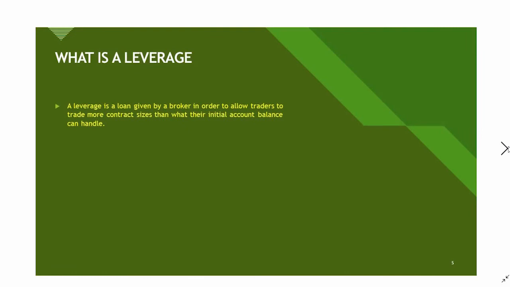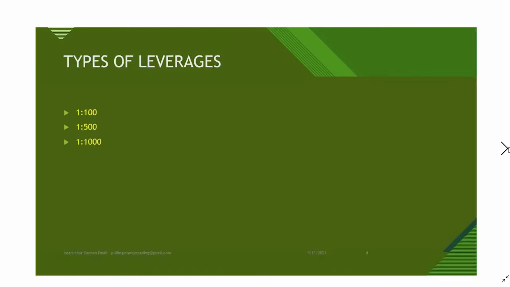What is leverage? Leverage is a loan given by a broker in order to allow traders to trade more contract sizes than what their initial account balance can handle. Types of leverage are 1 to 100, 1 to 500, 1 to 1000.